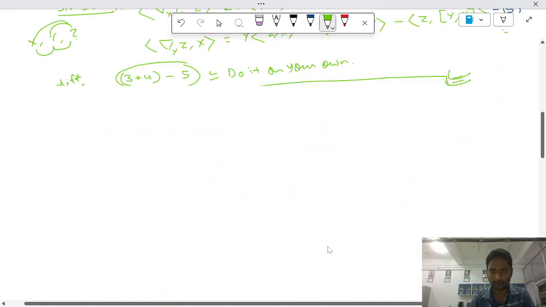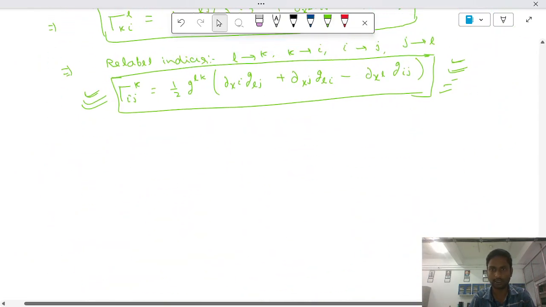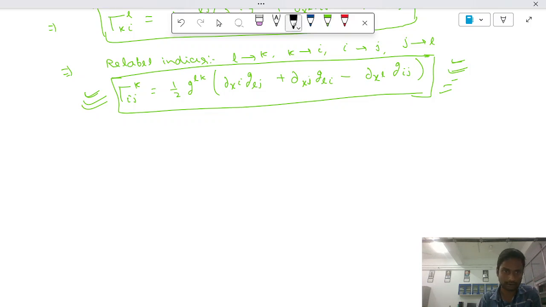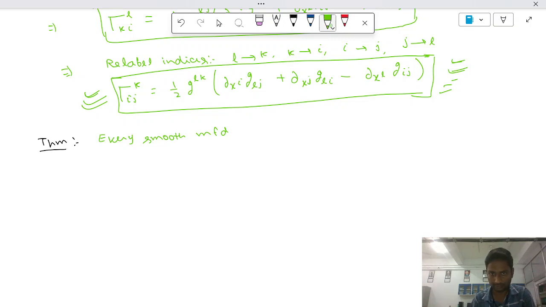One more thing that I have not done, even though it is there in the book, in the first chapter, is a theorem, and it's a very important theorem: for every smooth manifold, a Riemannian metric can be constructed.